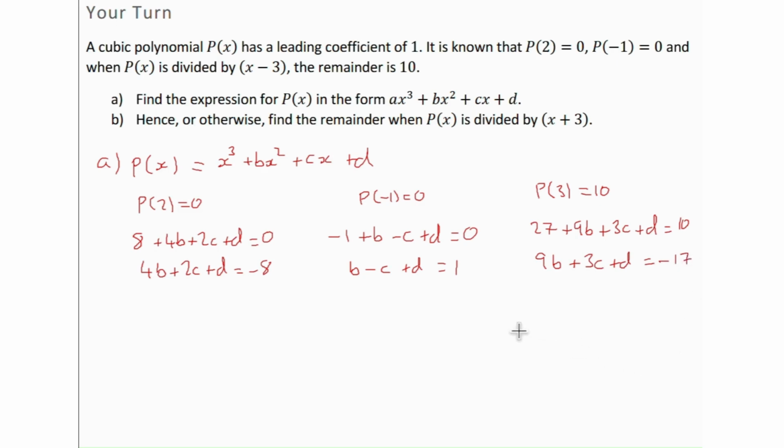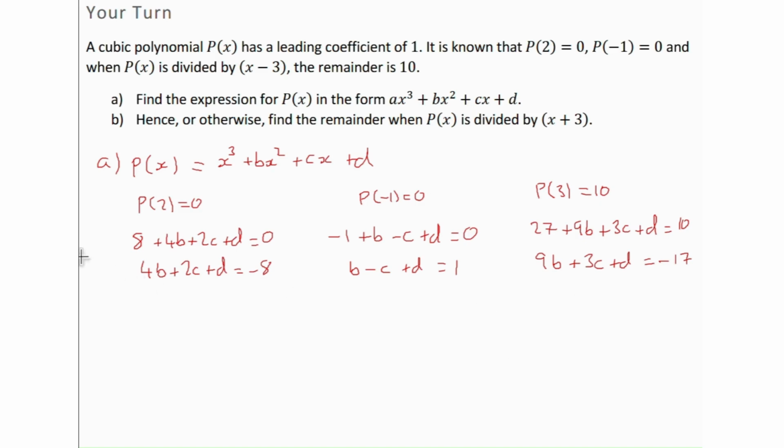If it was not, we would have to solve these simultaneously manually. Easiest approach to do that would probably be to take away in pairs to get rid of the d's, and then we would get a pair of simultaneous equations. Let's try and do that then.